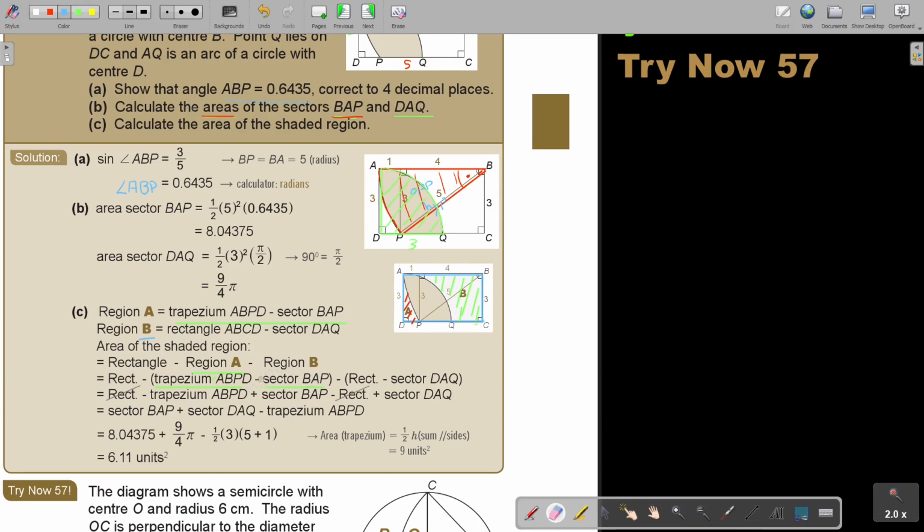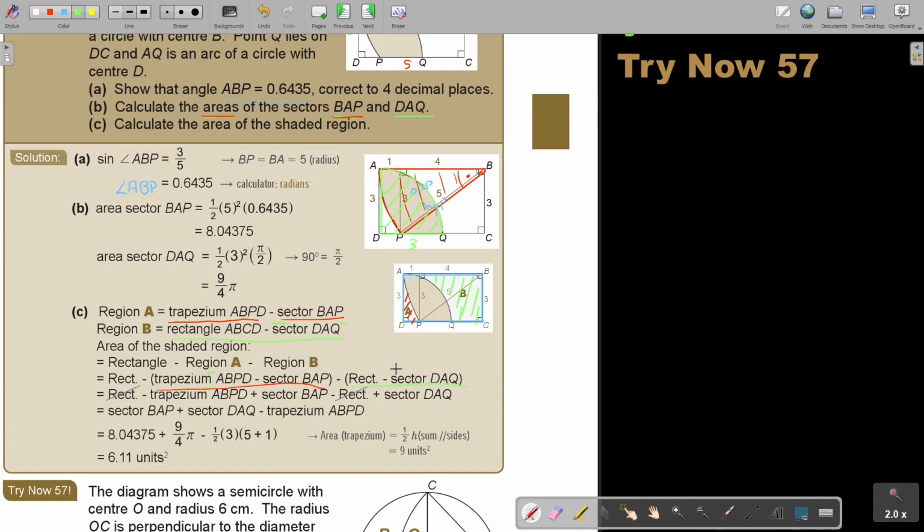Let's try to keep to the colors, okay? So if I wanted to get A, I work in red, it's the trapezium minus the sector. And B, if it's now green, then it is this one. Okay, that's my rectangle.